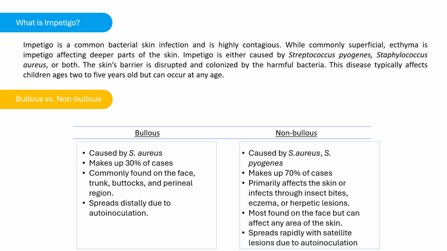Non-bullous is caused by both bacteria, and it makes up 70% of cases, and it's mostly found on the face, but it can affect any part of the body, and it affects the skin through insect bites, eczema, or any other skin lesions caused by either scratching yourself or other diseases.